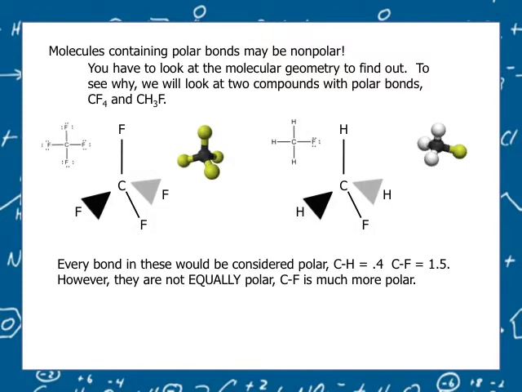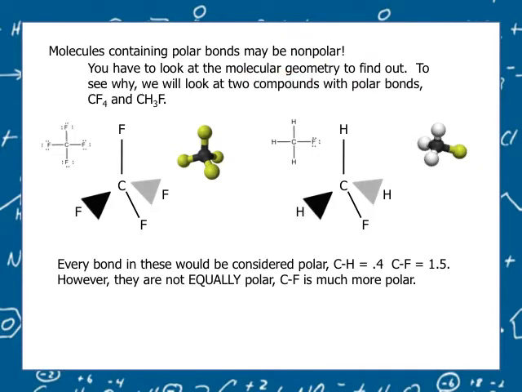Okay, now here's one of the really, really difficult things for many students: just because a molecule contains polar bonds, it may be nonpolar. And what you have to do to resolve this is look at the molecular geometry.